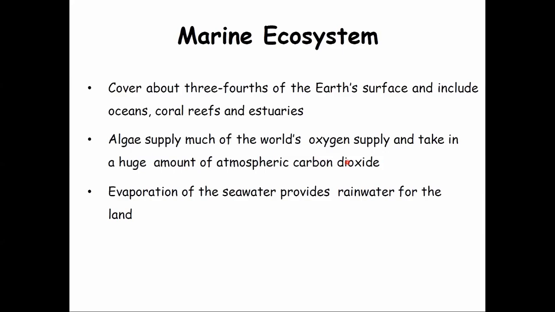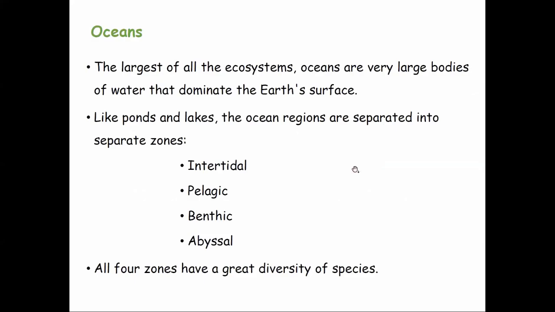Evaporation relates to water, and the marine ecosystem is fully occupied with water. This evaporated water comes as rainwater for the terrestrial ecosystem. That is the water cycle. These things are interconnected with land and water.